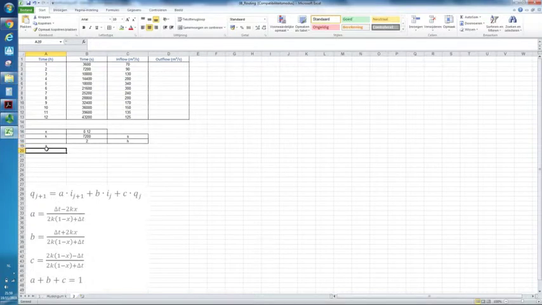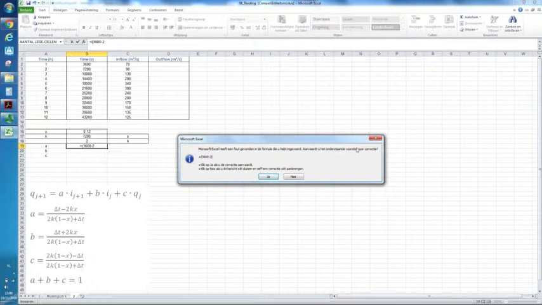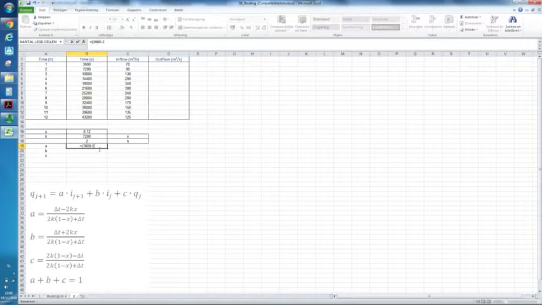So let's see, A, B, and C. A is equal to 3,600 minus 2 times K multiplied with X, and this divided by 2 times K multiplied with 1 minus X plus 3,600.